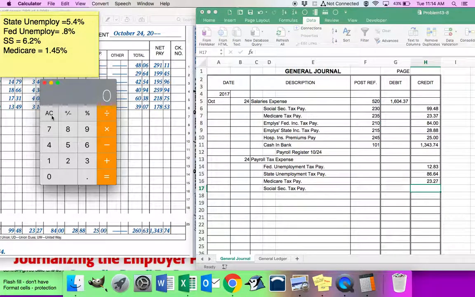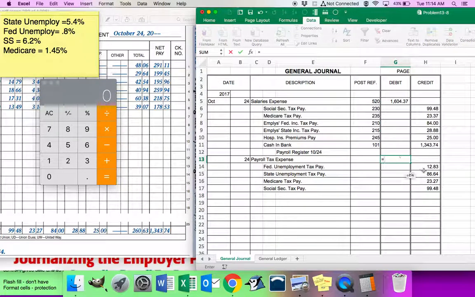Again, notice Social Security: 1604.37 times 0.062 is 99.47. Again, they rounded up, 99.48. It's the same amount. It's because both of these, Medicare and Social Security, are based on the gross pay of the employees. Then we add those together, and I'm going to use Excel to do my math.